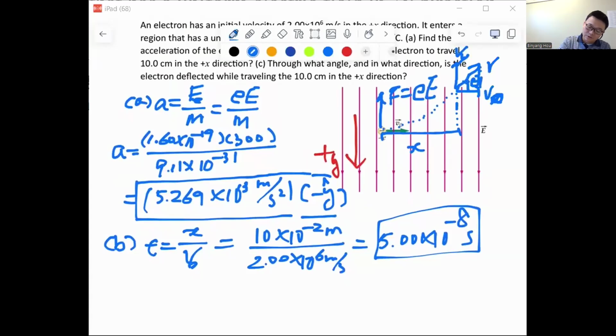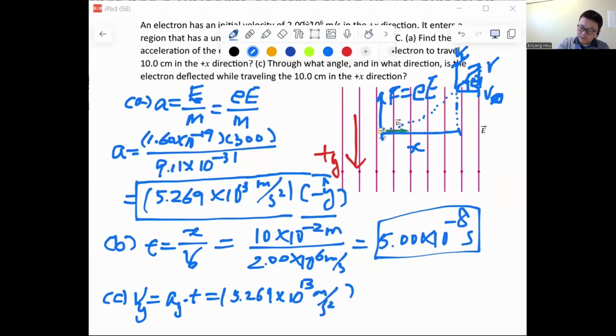So we can look for V of y, which will be a of y times the t that we had in part B. In this case, a is 5.269 times 10 to the 13 meters per second squared, and we multiply that by the 5.0 times 10 to the minus 8 seconds.